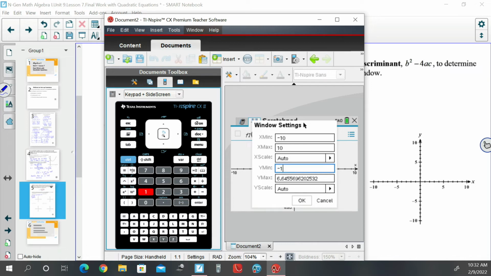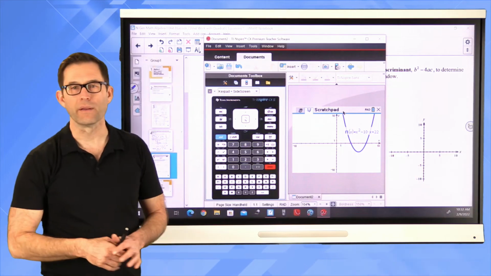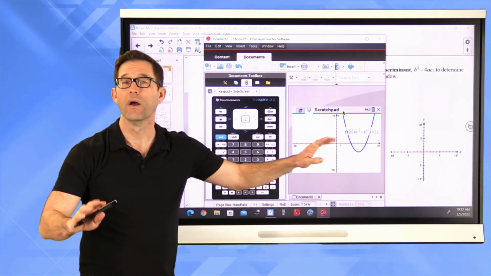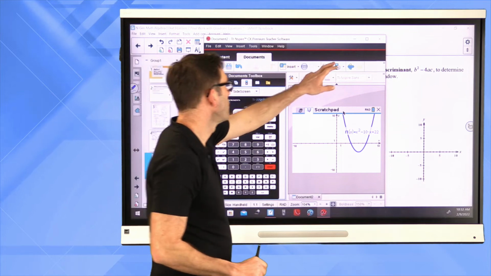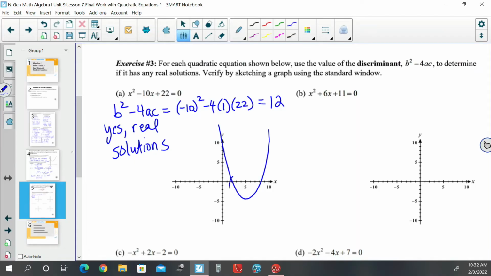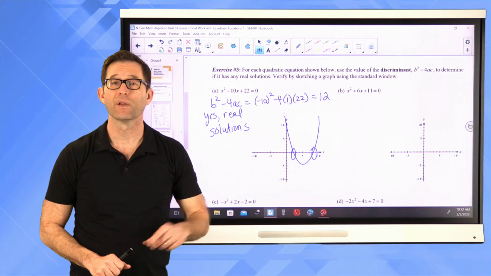Luckily, I can set this just once, and then I don't have to keep resetting it. And enter. And there it is. It crosses the x-axis here, and it crosses it here. I don't need to get it perfectly. I just want to do a little sketch real quick. It kind of looked like this, and it crossed the x-axis. It's got real solutions.